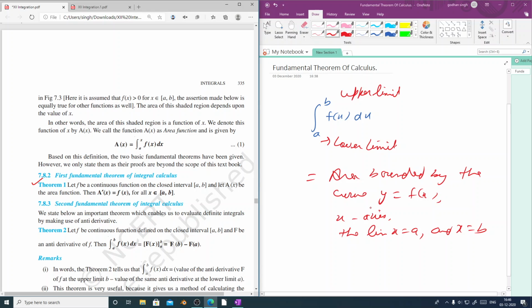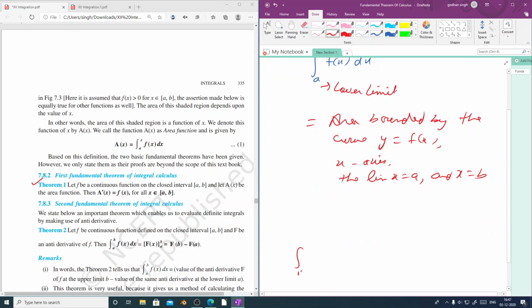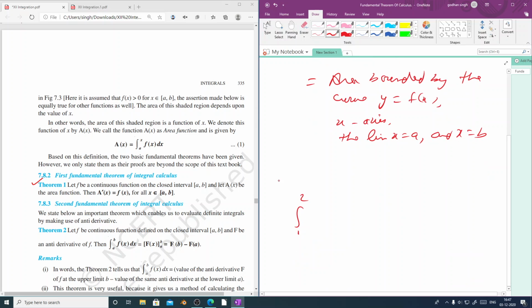So let us learn this with the help of an example. Suppose, a very simple example, we are integrating the function x dx from 1 to 2. We are integrating the function f(x) with respect to x. The answer will be x square by 2, where 1 is the lower limit and 2 is the upper limit.